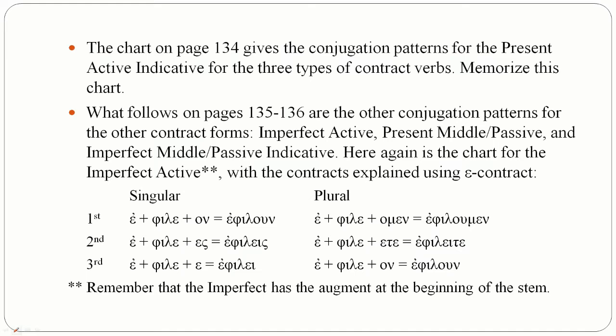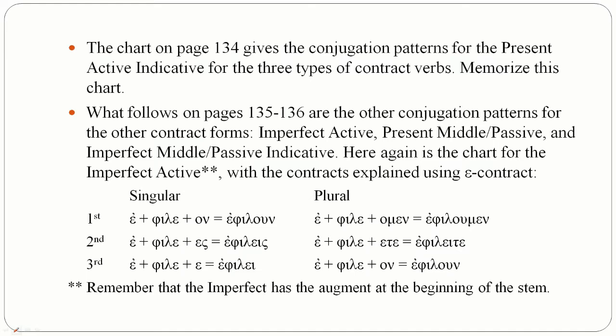The verb that I'm using there is phileo. Now remember, this is imperfect, so it's going to get an augment at the beginning of the stem with phileo because it begins with a consonant. The augment is simply the letter epsilon. If you do have to write this down, don't forget the smooth breathing mark over the epsilon.